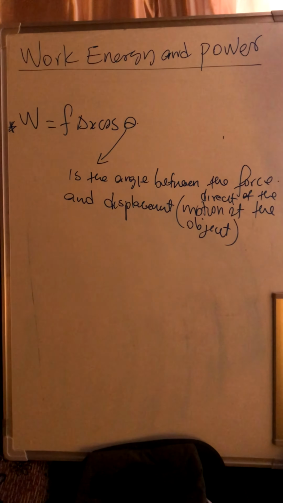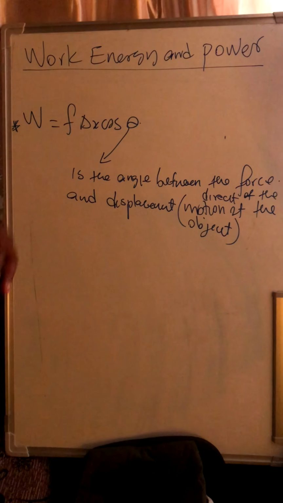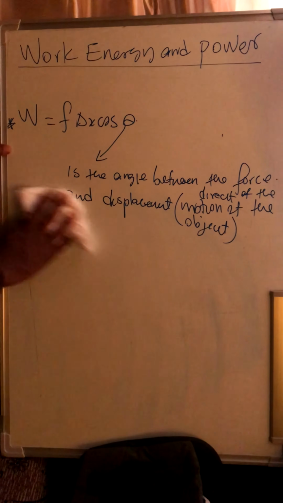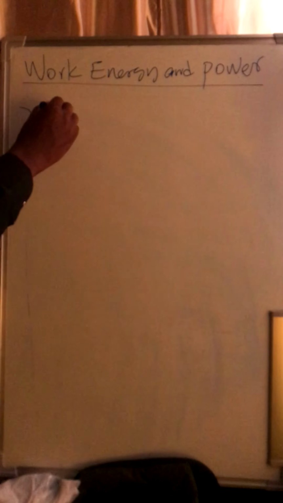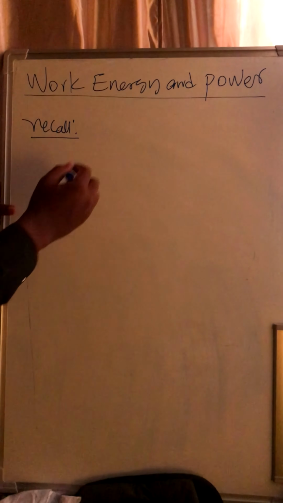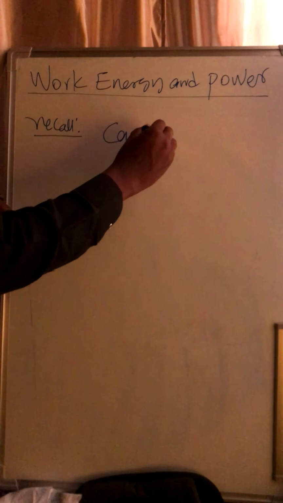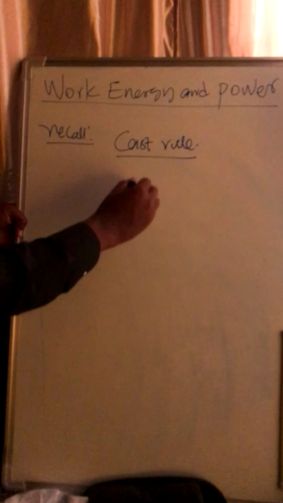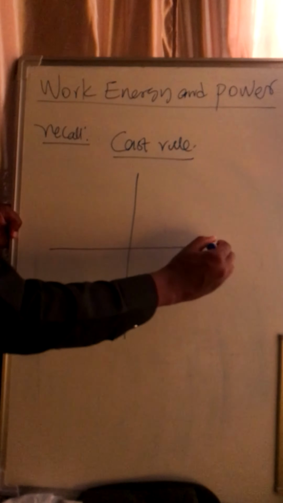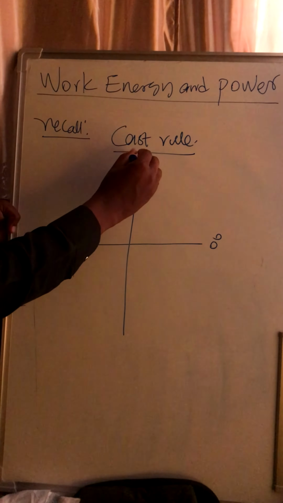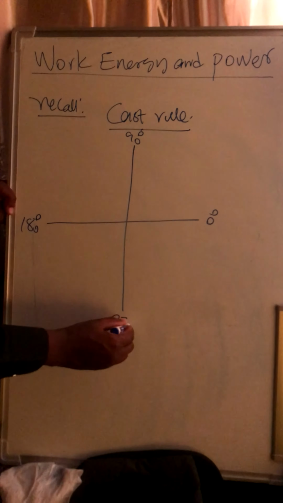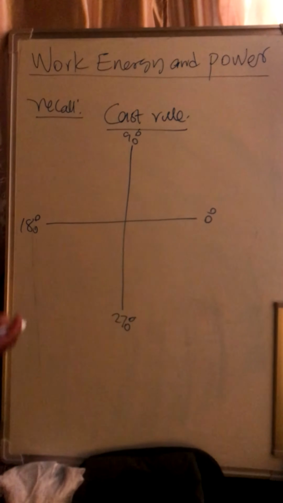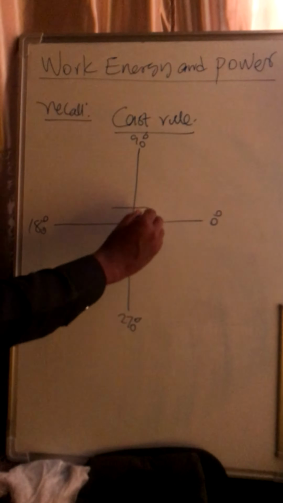If you see that we are fast, you can pause the video so that you copy the notes, then we proceed. The next thing we're going to look at is the CAST rule from mathematics. This is 0, this is 90 degrees, this is 180 degrees, and this is 270. Let's say your object is here.